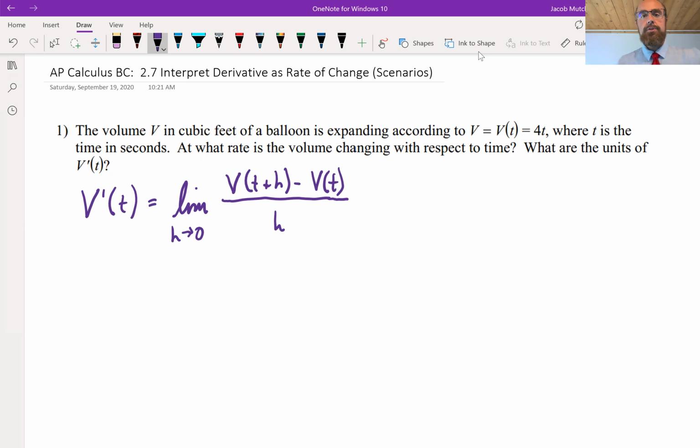That's our basic definition of the derivative, algebraically the slope of the tangent line at any point on that original volume function's curve.